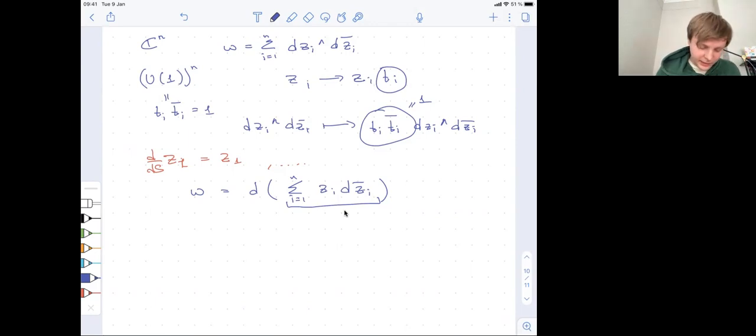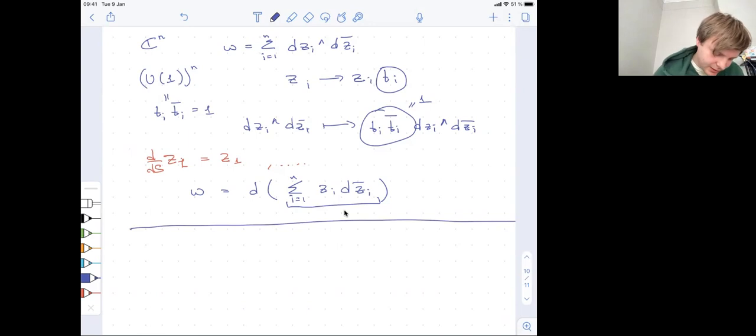Sorry, I messed up all this stuff a little bit, but let me consider an even simpler example where I consider only the U(1) action on C^n. So I have only one t and I act in the following way.